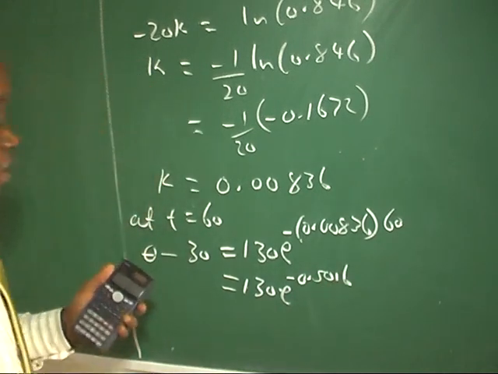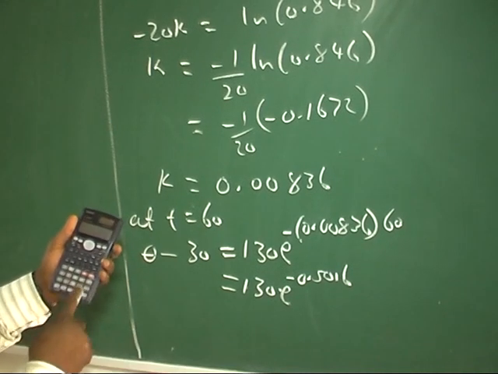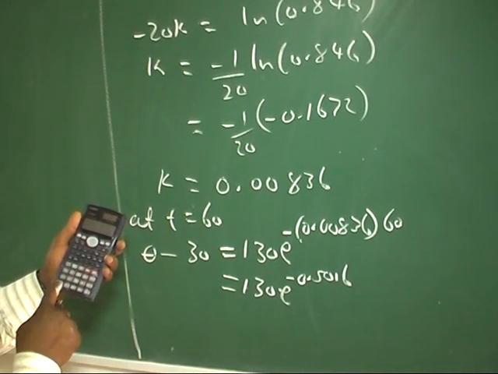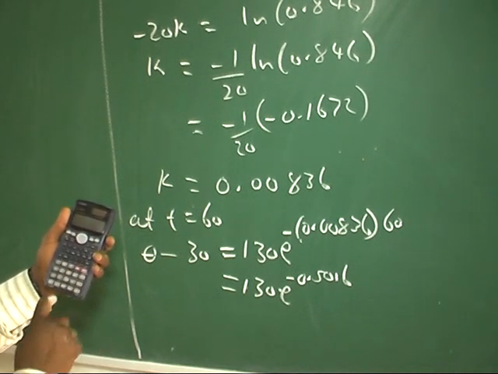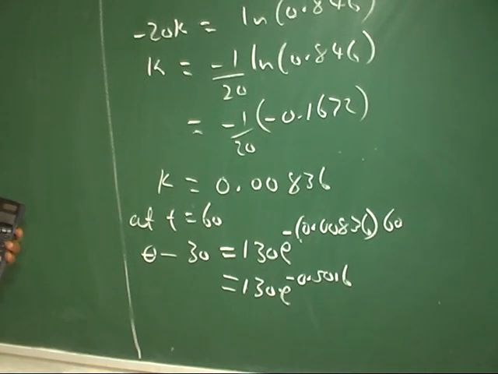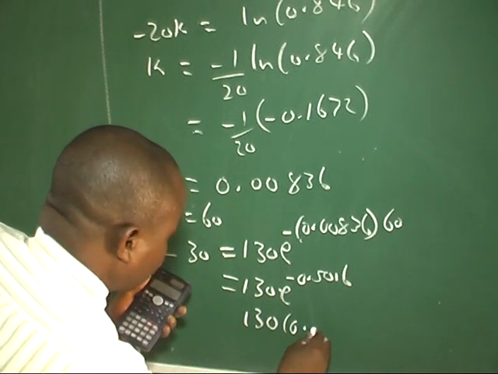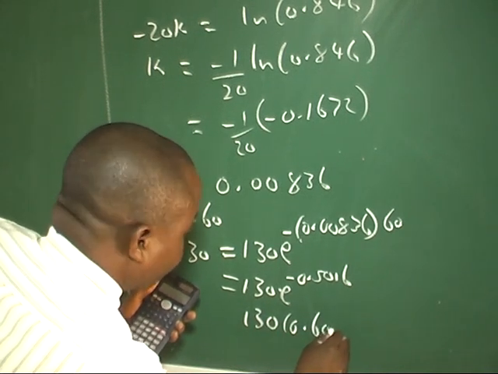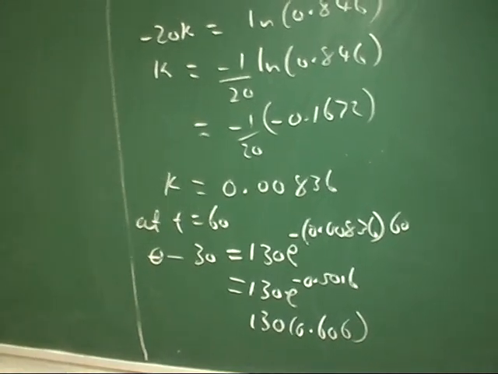Now, if we take that to exponential minus 0.5016, we'll have 0.605, or let's call it 0.606 because of approximation.